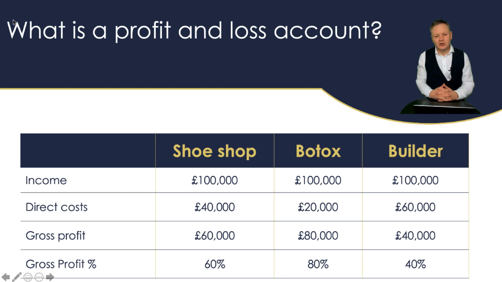The person doing Botox may be required to do the work themselves, or if they've got employees, they may hire in people from time to time to do the work. So with direct costs, it could be that they use locums, or they could be using staff full time. But ultimately, Botox people will make a good margin because it's all in the sales price.